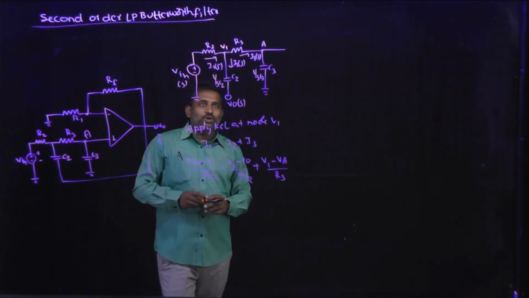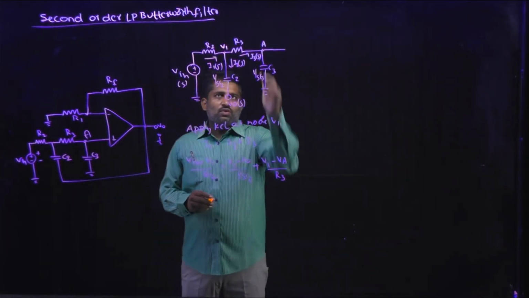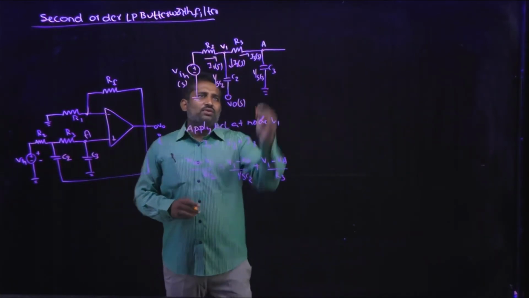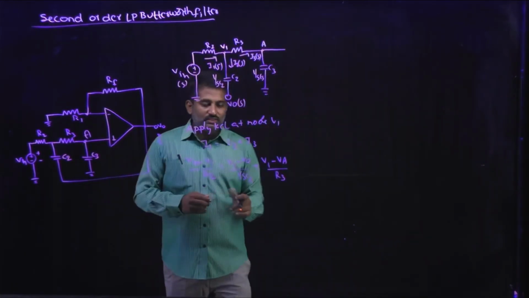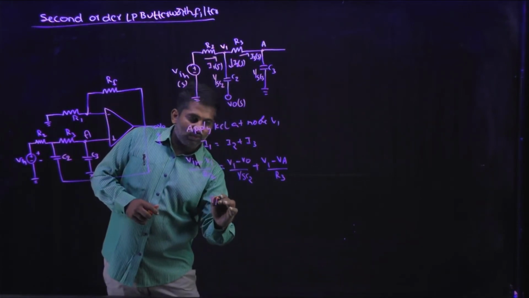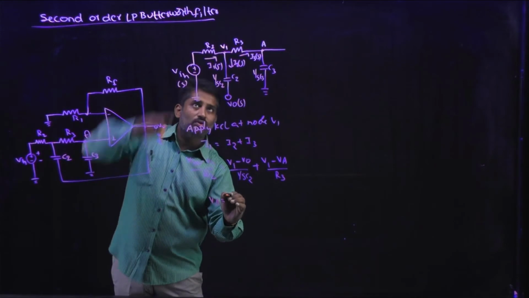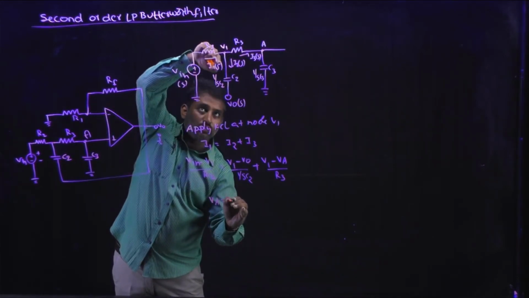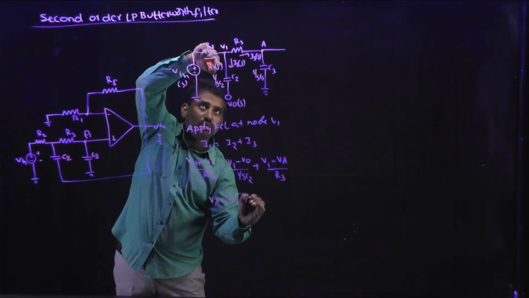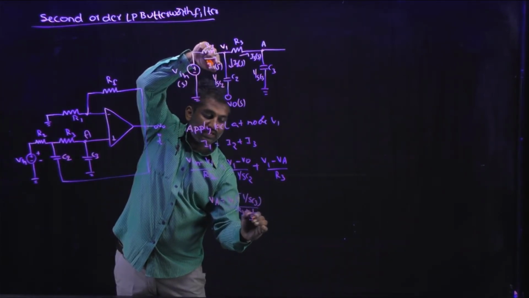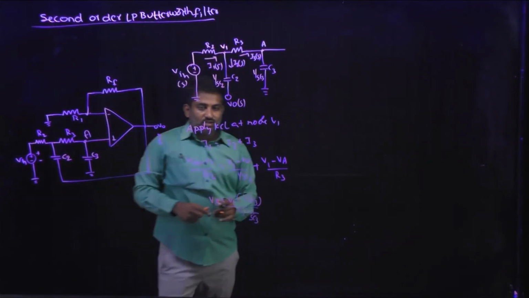So from this circuit, what is the value at node A? Applying the voltage divider rule, VA is equal to V1 into (1/(S C3)) divided by (R3 plus 1/(S C3)).